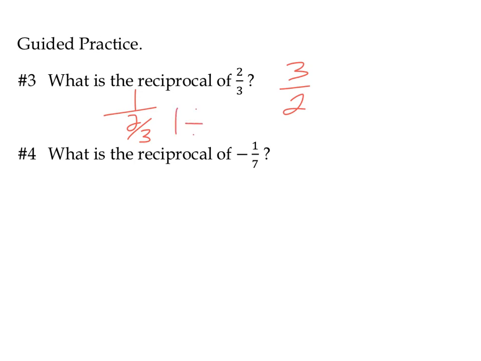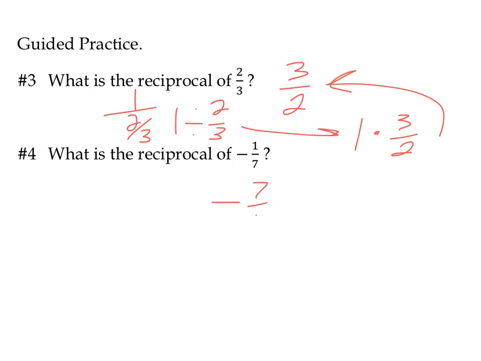When you're dividing by a fraction, you keep, change to multiplication, and flip. So 1 times 3 over 2 is 3 over 2. You don't need to write out that long process to know that you would just flip that fraction over. So when we talk about the reciprocal of negative 1/7, if it's a negative number, the reciprocal will also be negative, and it would be negative 7 over 1, which is the same as just negative 7.